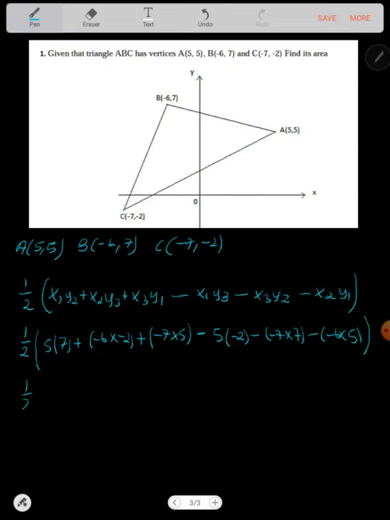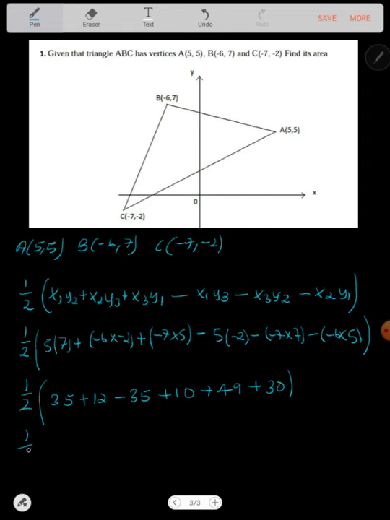So we have 1 over 2. 5 times 7, we get 35. Now this is negative and negative, so you get positive 12. That's negative, so you get negative 35. This is negative and negative, so you're getting positive 10. This is positive and negative, so you're getting positive 49. This is negative and negative, so getting positive 30.